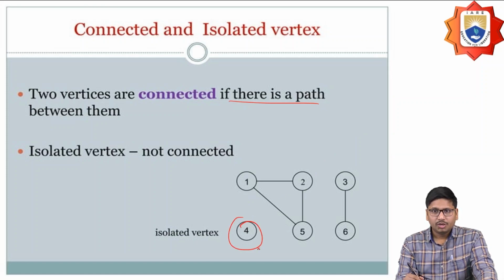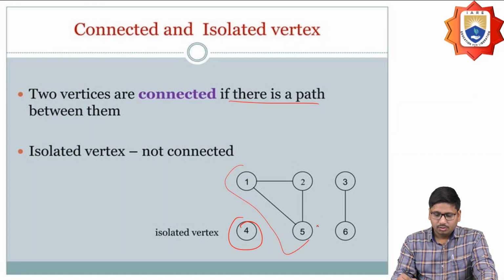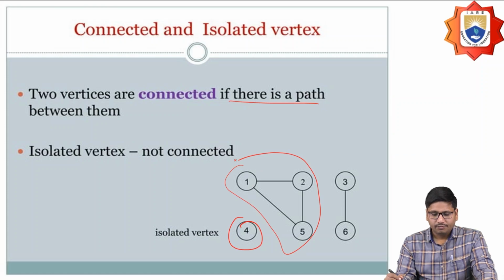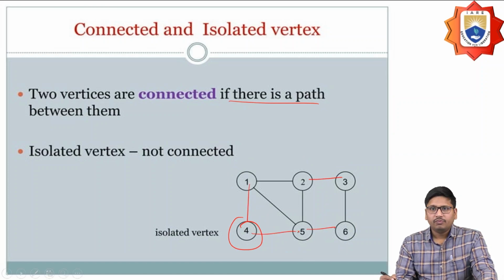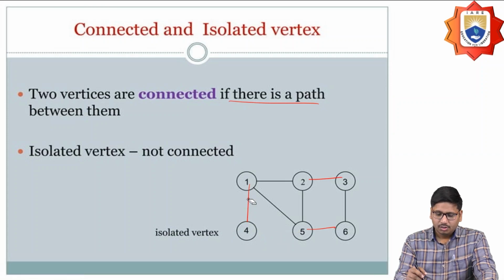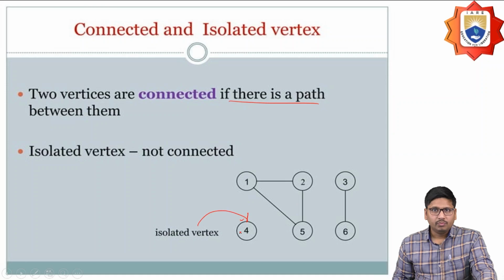So here in this one, 4 is what we call an isolated vertex, and this one we call a connected graph, and this may not be a connected graph. If I make the connections like this, then it should be a connected graph. And the vertex which is alone is what we call the isolated vertex.